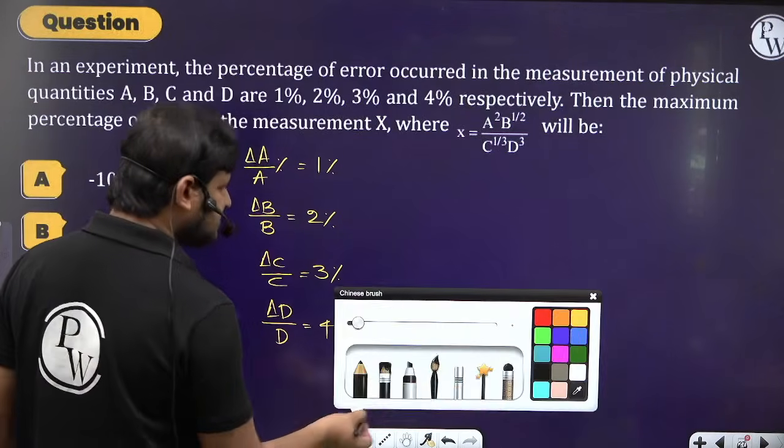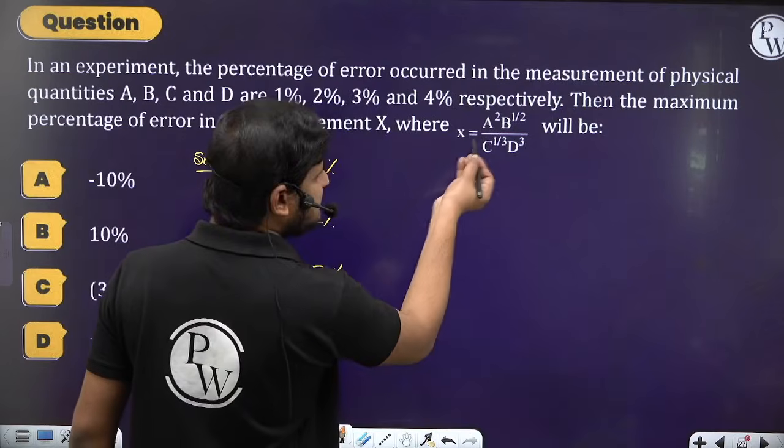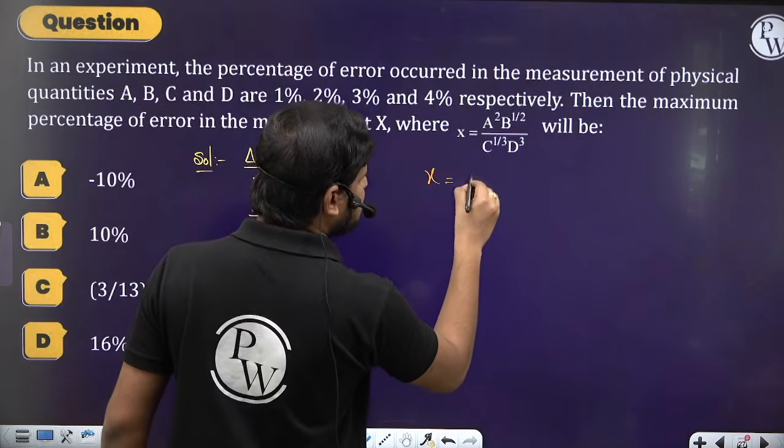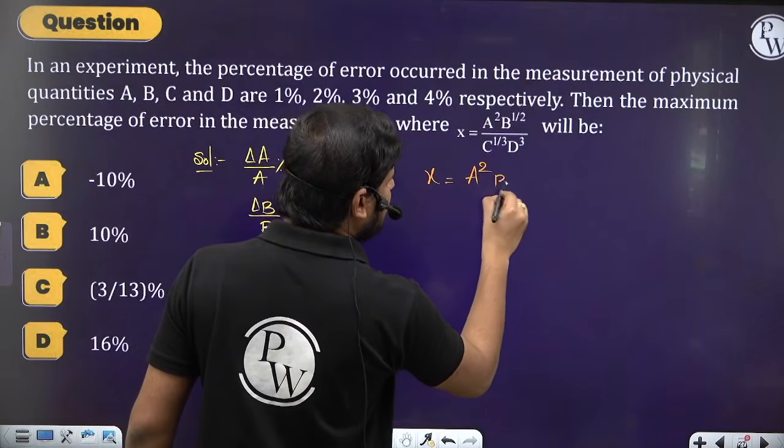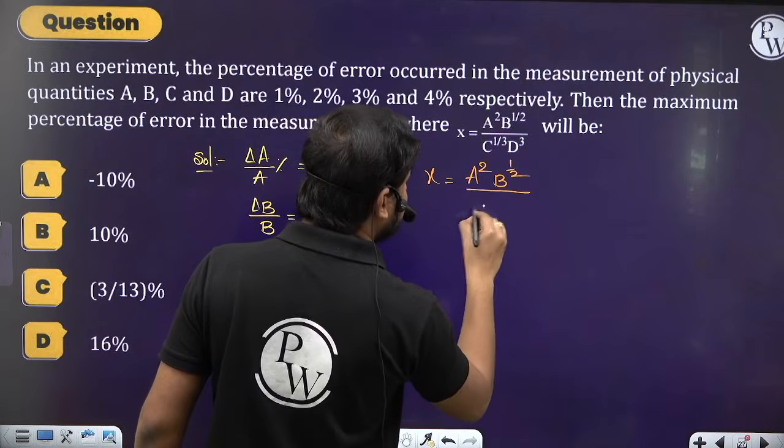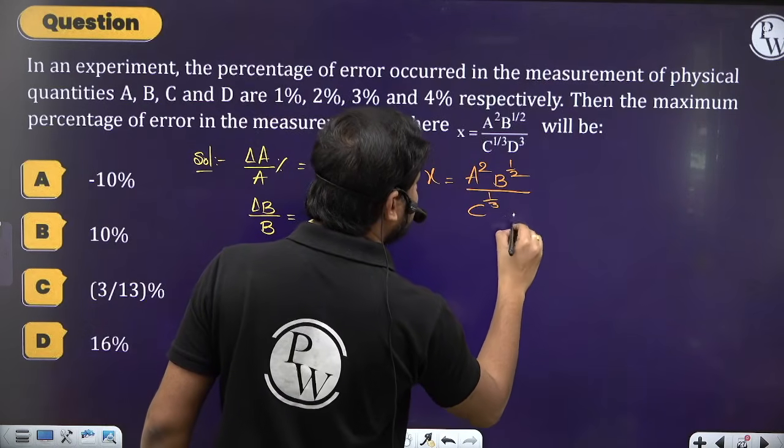What is the maximum percentage error in the measurement of X, where X is A square B to the power 1 by 2 C to the power 1 by 3 D to the power 3?